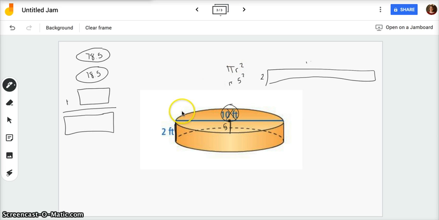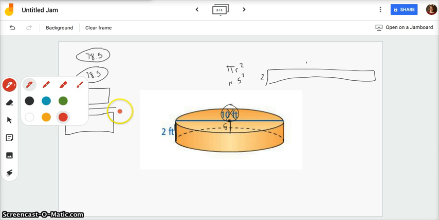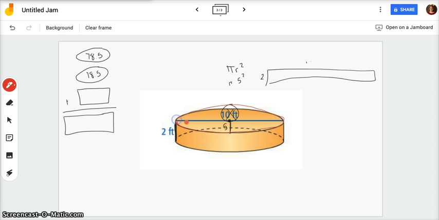All right, so I almost fell for this trick as well, but remember that if I were to unfold this circle, let me get this a different color here. If I were to unfold this circle, this red line would be the length of my rectangle. The blue line is how far across the circle is, and that doesn't help us here.